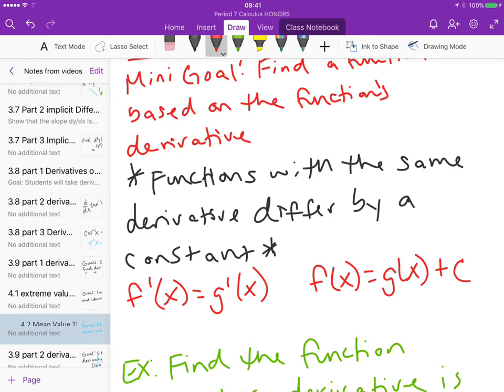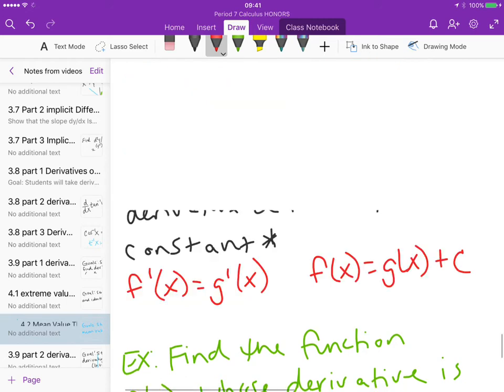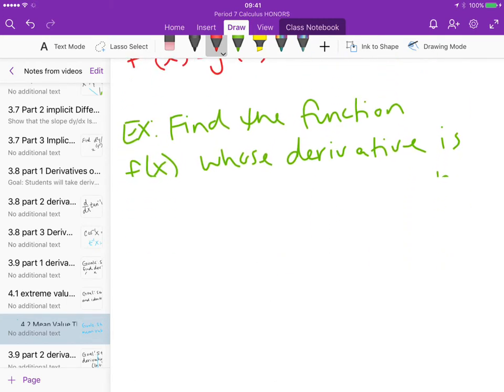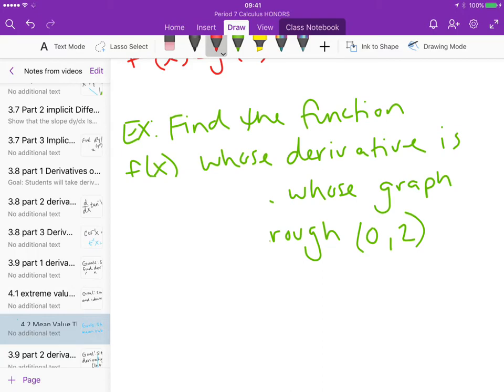And that's going to lead us into a great first example of today and to show us where antiderivatives actually come from. So example number 1 says, find the function f of x whose derivative is simply sine of x and whose graph passes through the point at 0, 2.